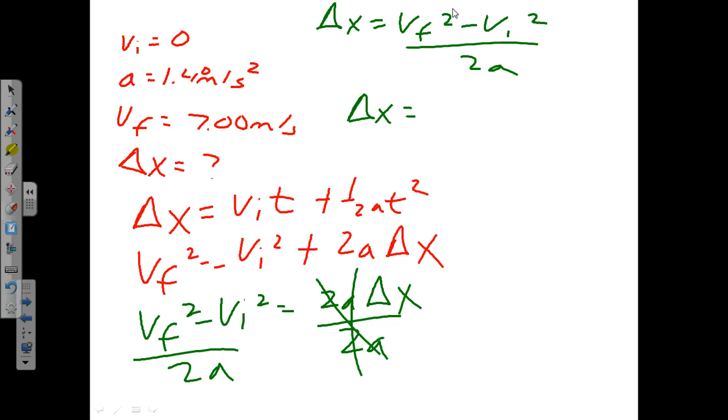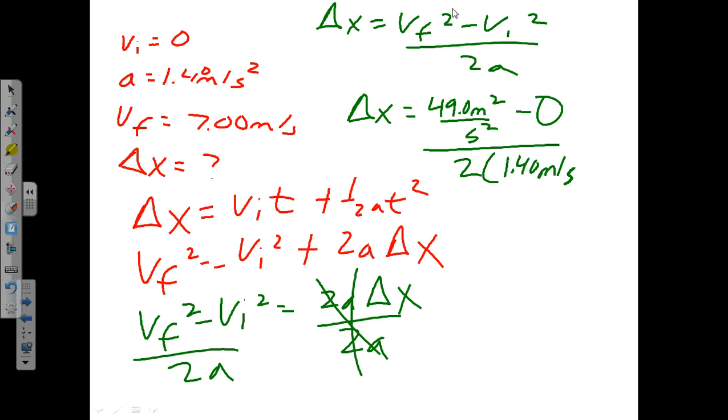So if we plug in what we know, VF was 7, square that. So I'm going to go ahead and go with 49 meters squared per second squared. Minus VI squared. Well, that was 0. All over 2 times our acceleration, which was 1.4. First of all, pay attention to your units.